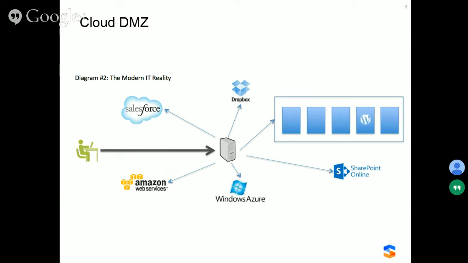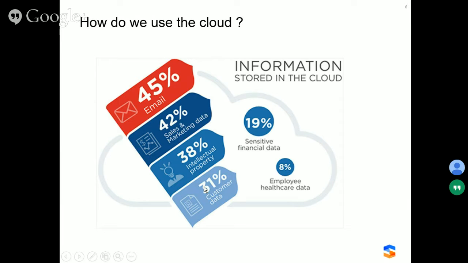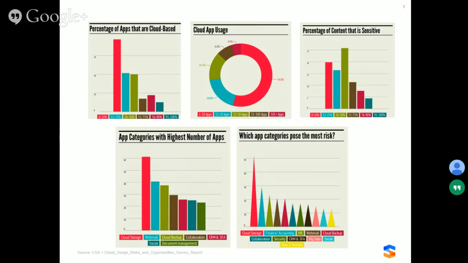When we're talking about the Cloud-DMZ, this is the modern IT reality: it's no longer just a local network which you can control. There's an external network that involves Dropbox, Salesforce, Amazon Web Services, Windows Azure, and so on. Based on the Cloud Security Alliance survey, we are seeing that 45% of the cloud is used for email. The rest is for sales and marketing, intellectual property, and keeping customer data.